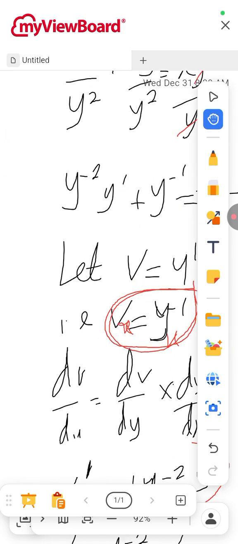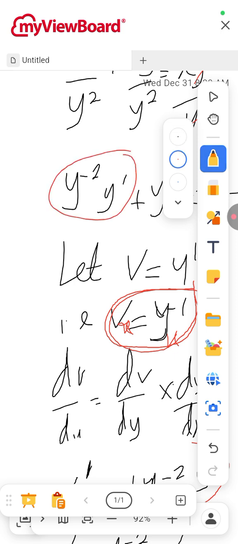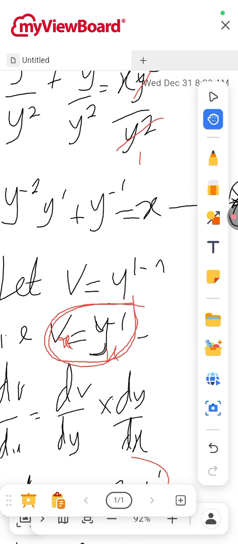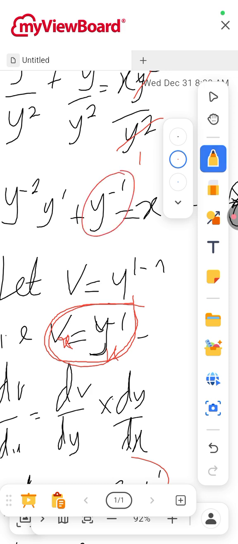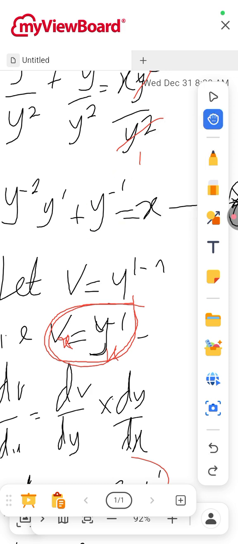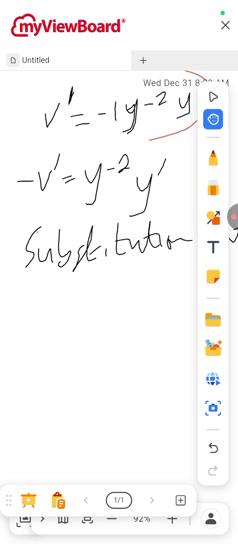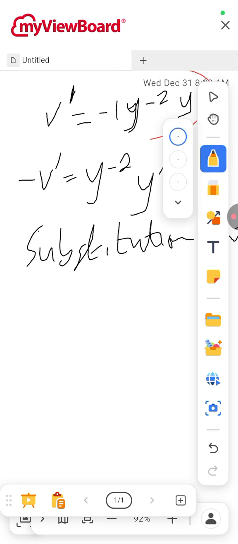Instead of this, it will be minus v prime, and instead of this, I'll be having v there. So what I have now is minus v prime plus v equals x. Minus v prime plus v is equal to x.